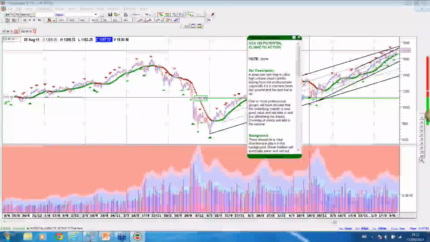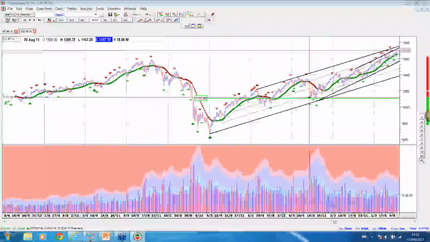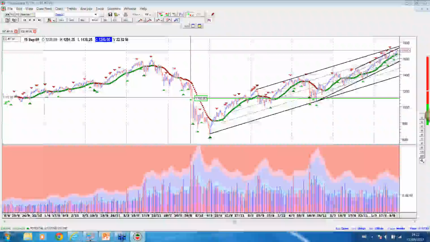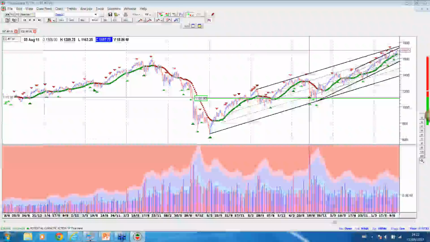Now, let me ask you a question. Does any of you see at the right edge of the chart volume equivalent to that size and that size on the weekly chart? Yes or no? Do you see any volume of that type of magnitude up on the right edge of the chart here?